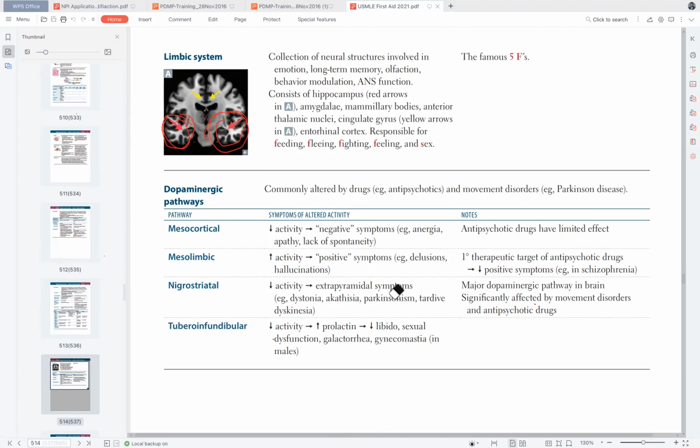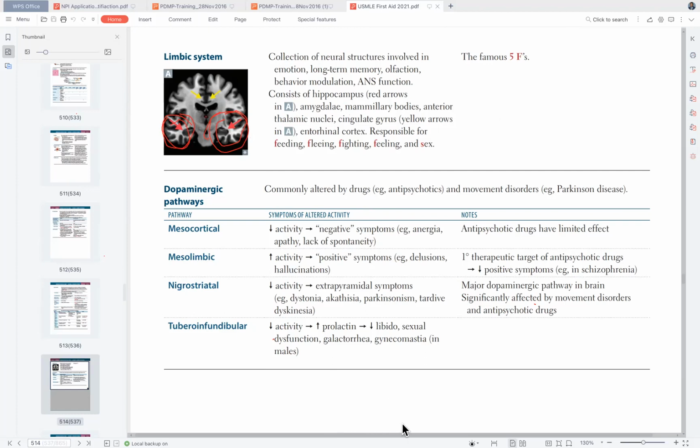Think about Kluver-Bucy syndrome. And since the whole limbic system is there, they might also have memory problems, a change in personality, excessive eating, and abnormal sexual behavior. That is how you will know that this person might have Kluver-Bucy syndrome.